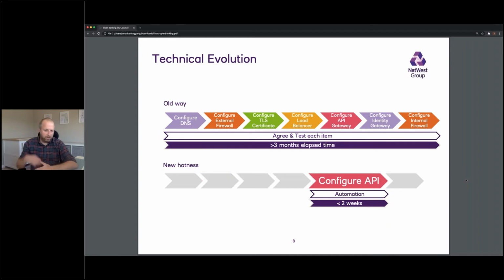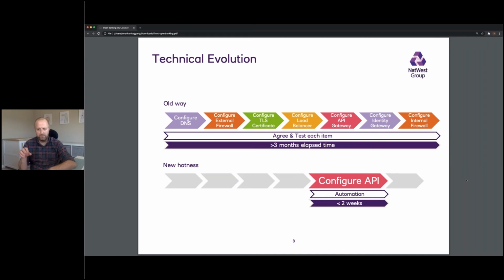We've evolved a lot in those 3 years. So we've really gone, as I say, from depending on these skill sets to bringing in new products to the bank to try and remove some of the pain and manual effort for building these APIs. So the top, probably fairly familiar to some people, were all the things that we used to do. And each of those things represented a separate handoff, right?